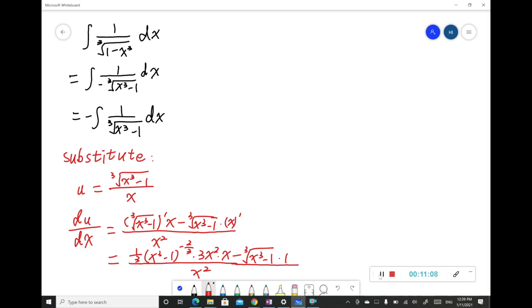We could continue to simplify the equation. The first item will be equal to x cubic minus 1 to the power 2 divided by 3, and the denominator will be x, and the second item will be the radix of x cubic minus 1 divided by x squared.